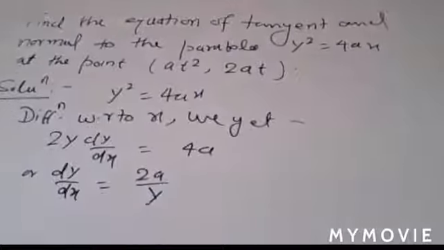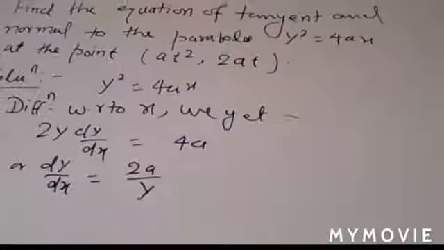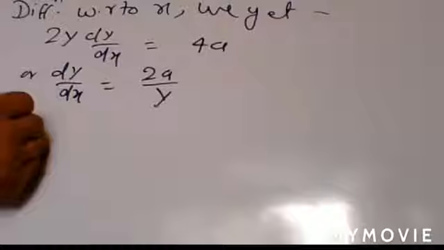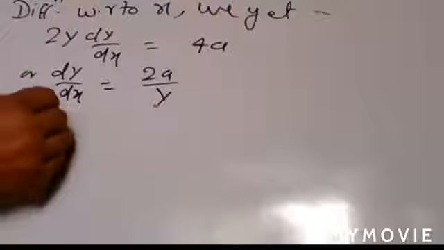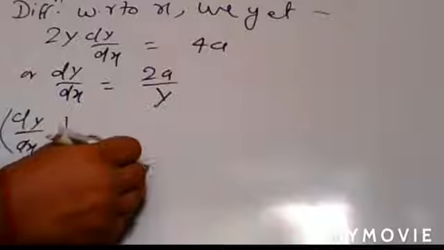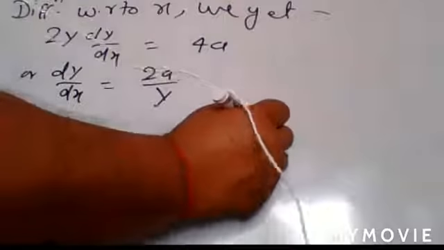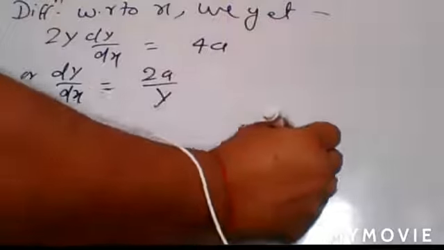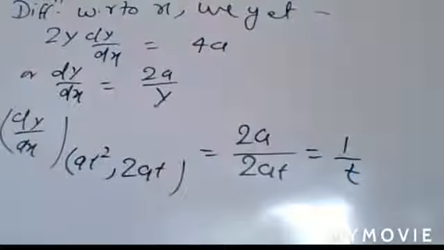Is it clear? Now find its derivative at the given point. So the value of dy by dx at the point at square, 2at, you can write 2a upon 2at, which is equal to 1 upon t. So that gives the value of derivative.